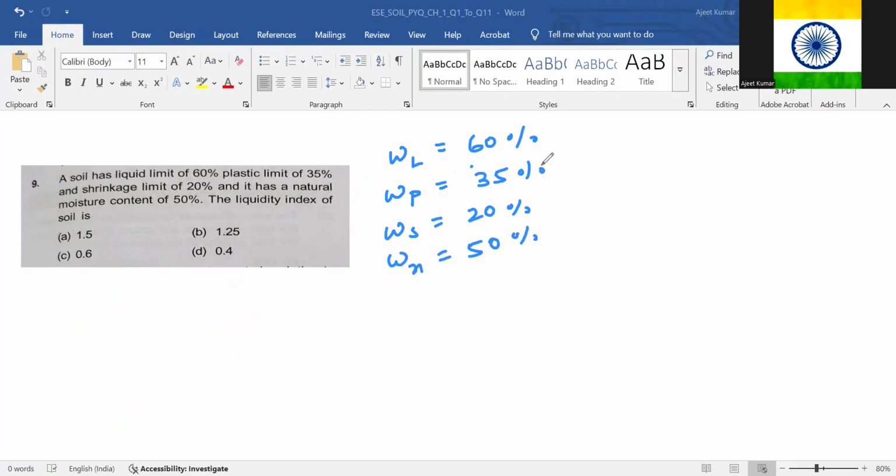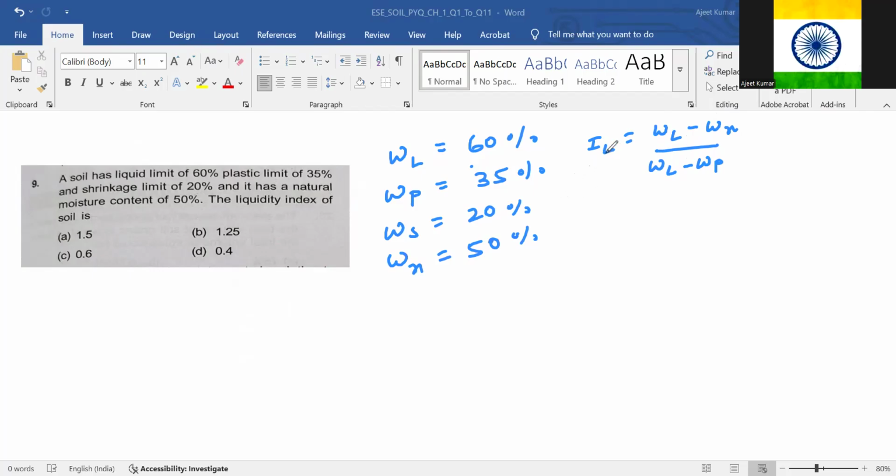The question asks for the liquidity index. IL is equal to liquid limit WL minus natural water content divided by WL minus WP.